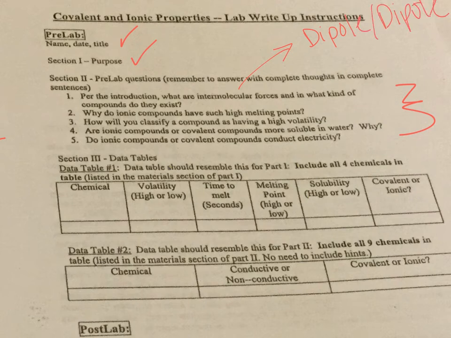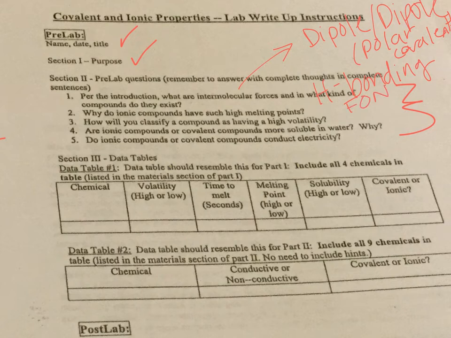Dipole was only on polar covalent things. That should mean a little bit more to you now that we've learned that. You also had hydrogen bonding. Hydrogen bonding was specific to if a hydrogen was connected to an F, O, or N.